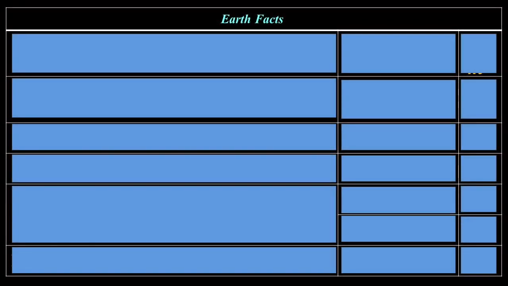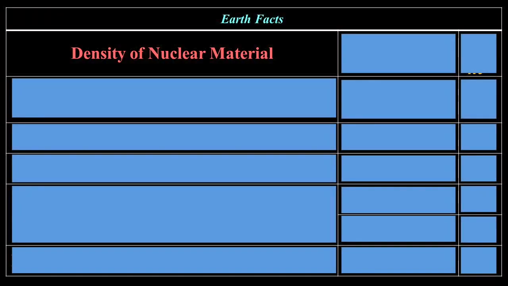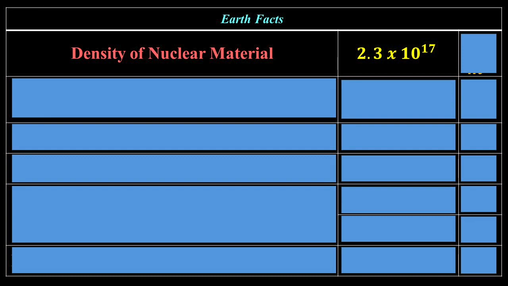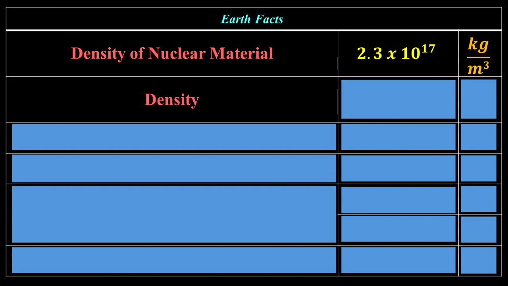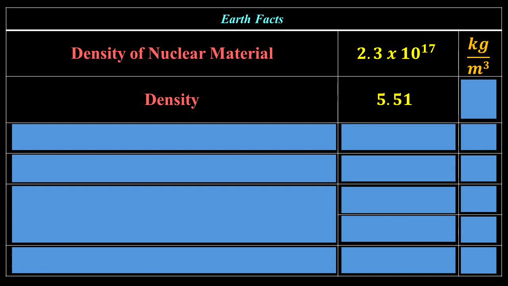This is part 2 of the lesson for determining the radius of the Earth if the Earth was pure nuclear material. You can see that the density of pure nuclear material is extraordinarily high, 2.3 times 10 to the 17th kilograms per cubic meter.